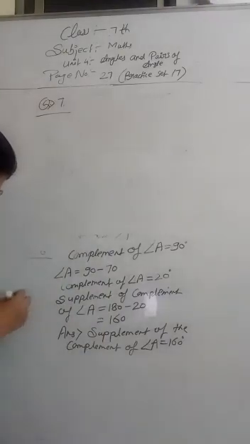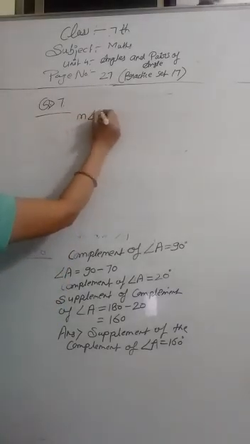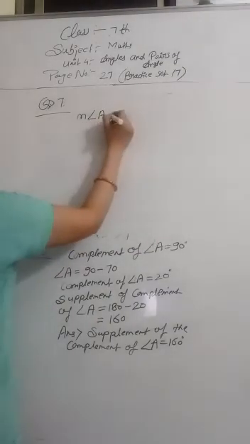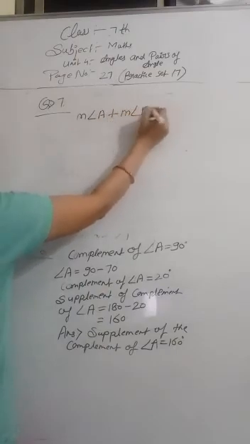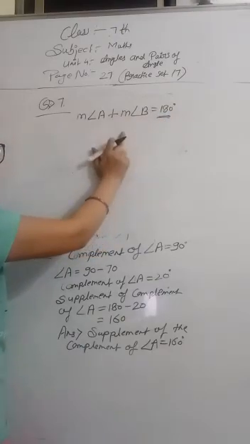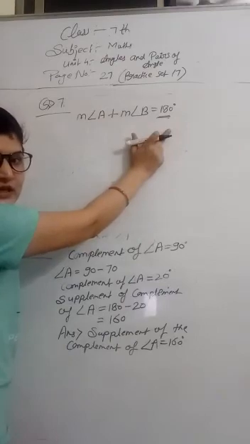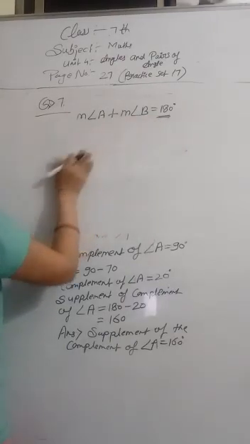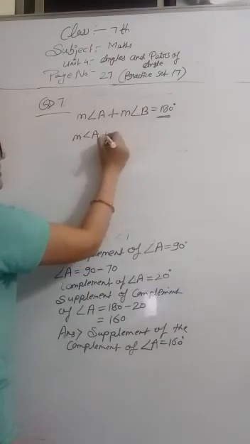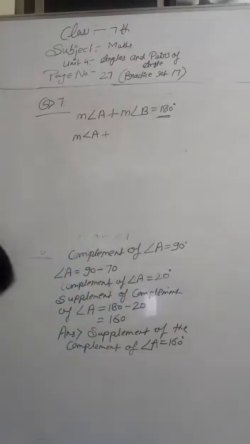Here supplementary angles are given. So we first write measure of angle A plus measure of angle B equals 180 degrees. Why? Because it is given that they are supplementary angles, and the sum of two supplementary angles is 180 degrees.